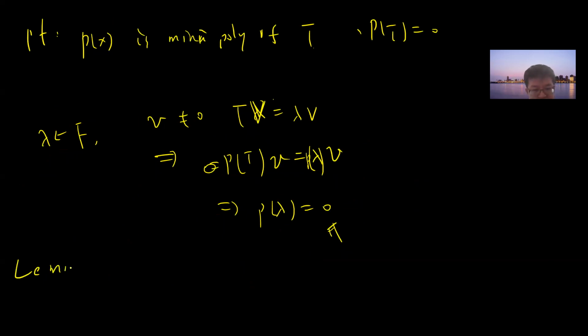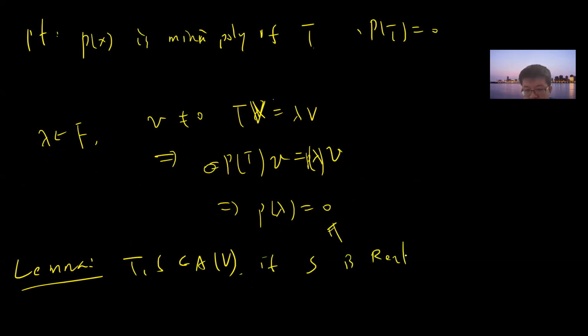Okay, another lemma. This lemma should be trivial, so I don't want to prove it. If T, S belong to L(V), and S is regular, then T and S T S inverse have the same minimum polynomial.